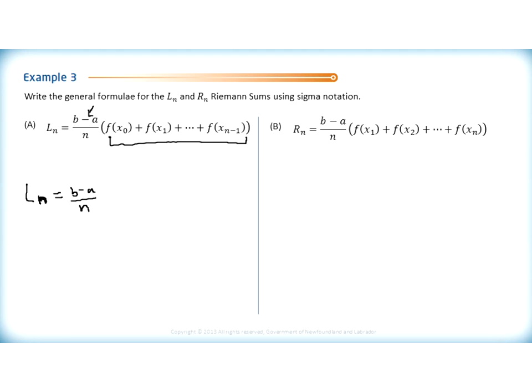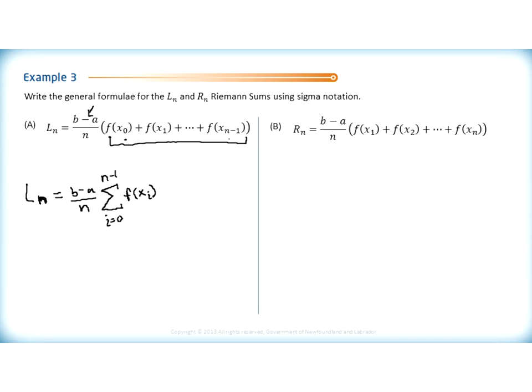And what we can do is we can write the rest of it as just the sum of all of the f of x values when we use xi as our given endpoint. And this is a left sum because we start at 0 and go not to the very last, but the second last, n minus 1. So I'm just going to say I equals 0 up to n minus 1. And then depending on how many subintervals I was using, etc., I could alter that.